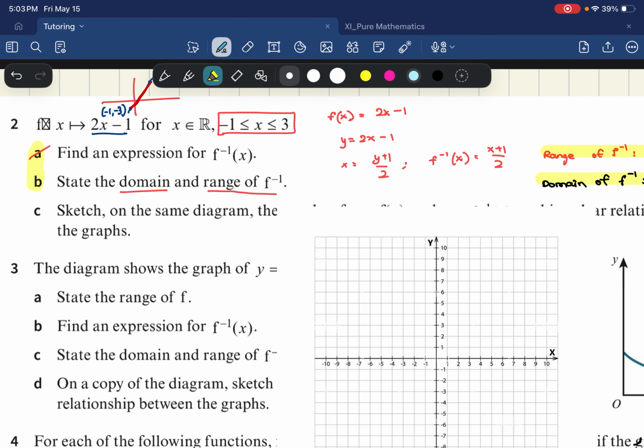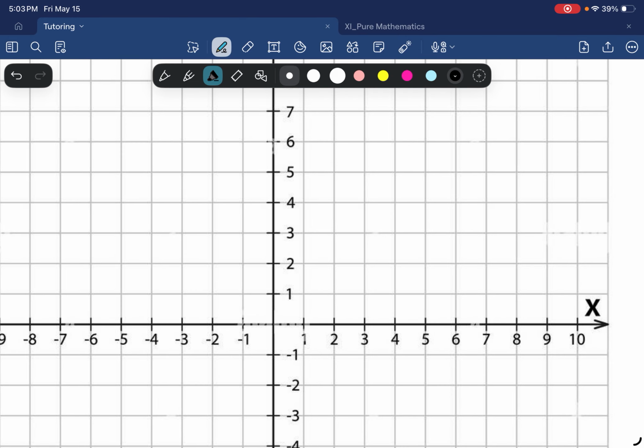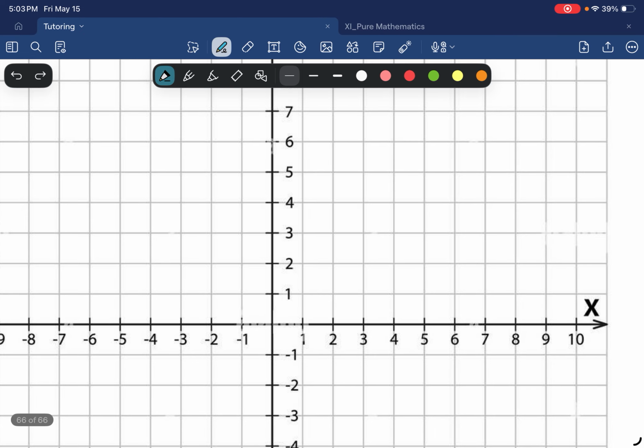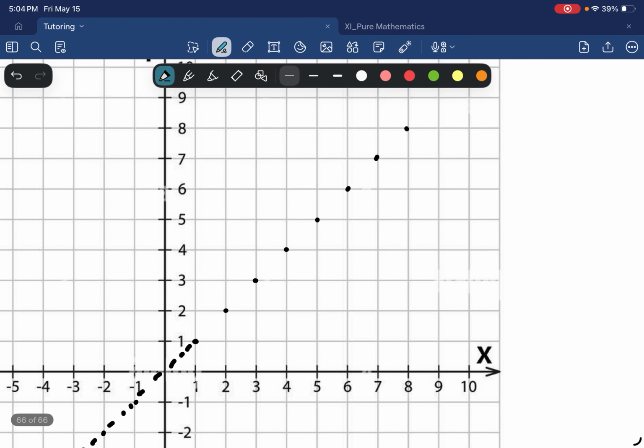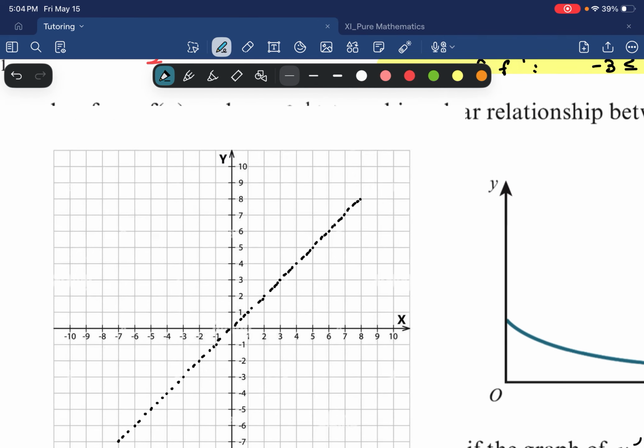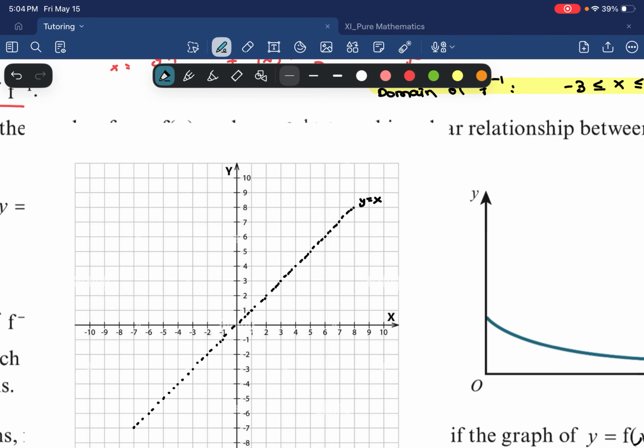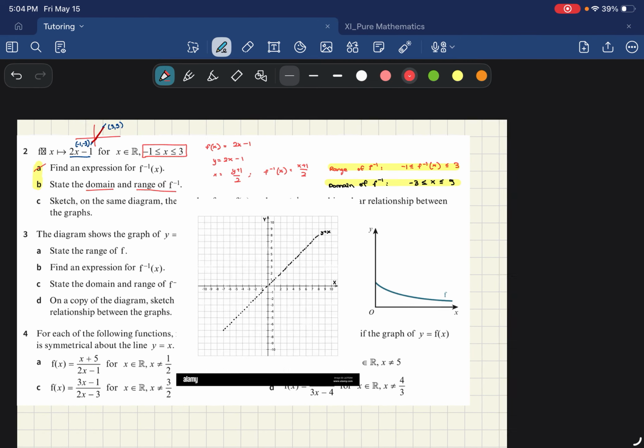So first, let's plot y is equal to x, which is going to be here. All right, so this is y is equal to x. Now, our given function was 2x minus 1.